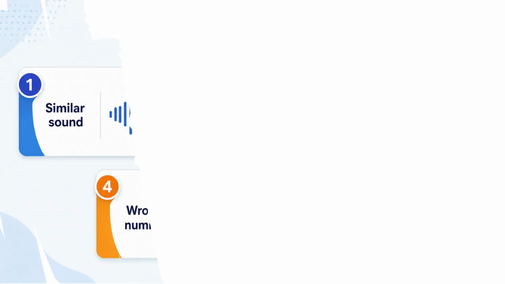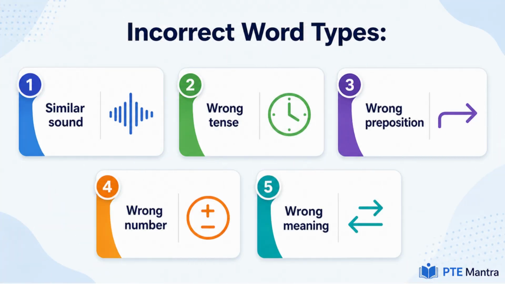Perfect. PTE uses specific types of incorrect words. Here are the most common. Type 1. Similar sound. Effect versus affect. Accept versus except. Principle versus principal. Type 2. Wrong tense. Announced versus announces.